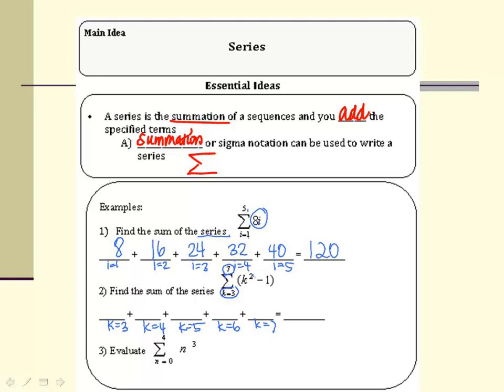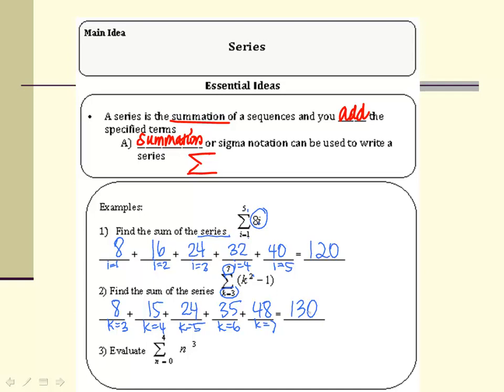So 3 squared minus 1, 3 squared is 9, 9 minus 1 is 8. 4 squared is 16, minus 1 is 15. 5 squared is 25, minus 1 is 24. 6 squared is 36, minus 1 is 35. 7 squared is 49, minus 1 is 48. And I take all of those values and I add them up, and I get 130.